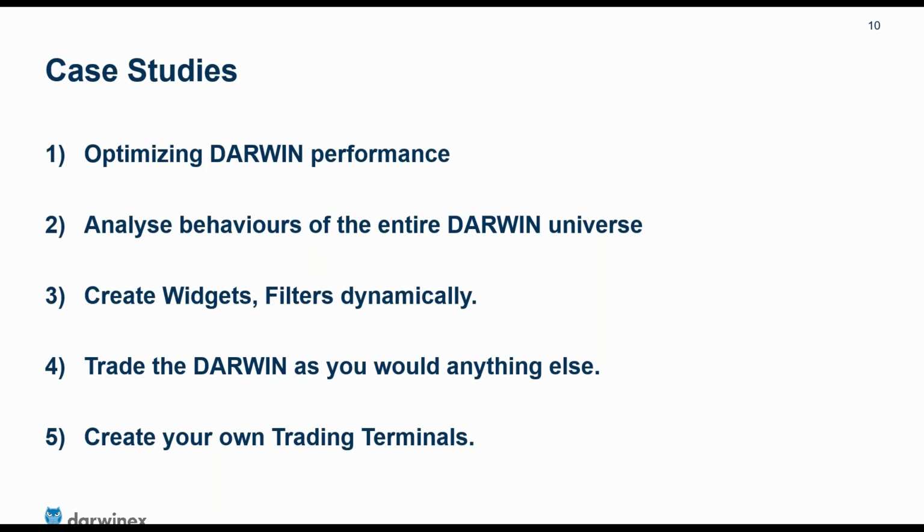With the Darwin API, because we release tick level data, it is now possible for traders, even those who don't have Darwins, to access tick level data for volatility clusters of Darwins, and then see what they would like to do before, during, and after a news release. Yes, of course.